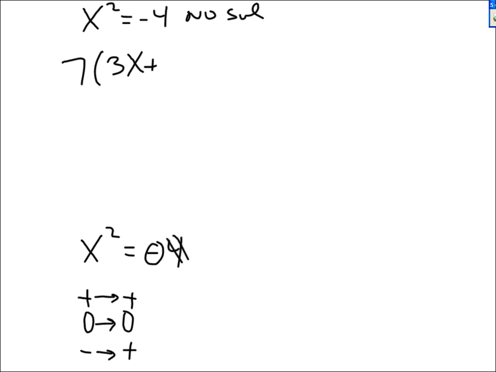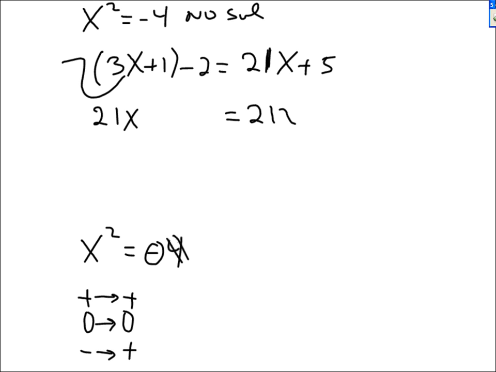Okay. What about this problem? Is this conditional? Is it an identity? Or is it no solution? The left side has just 21 x's, and so does the right side. This will not be conditional.